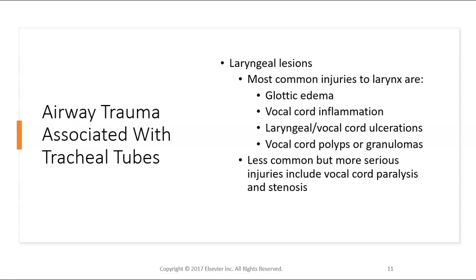Okay. So typically, we sometimes don't always realize that injury has happened until we take the artificial airway out, meaning that when we take the tracheostomy tube out or the endotracheal tube out, that's when we identify that there was an injury there.